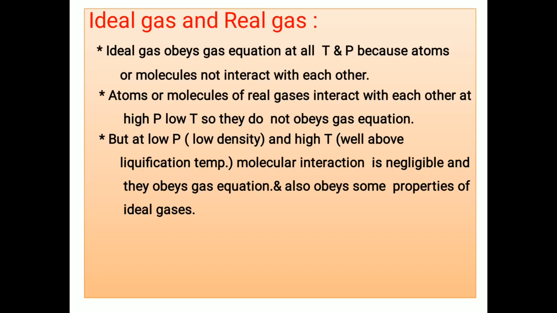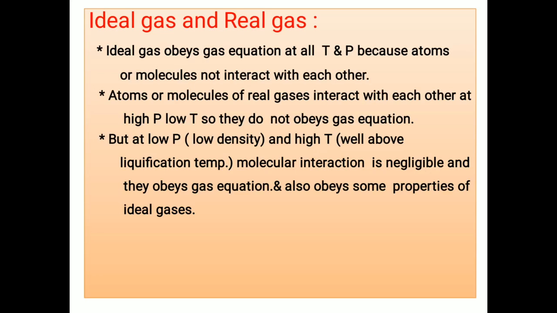So there is no correction in the pressure exerted by the gas on the walls. So pressure and volume almost remain constant, and an ideal gas obeys the equation PV equal to RT.